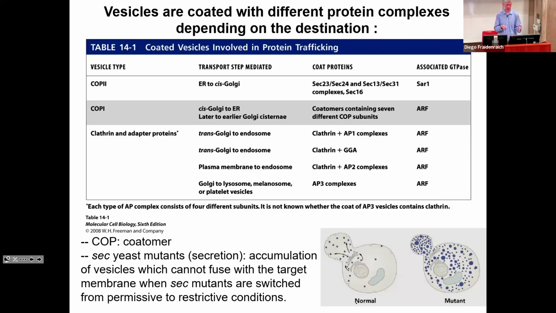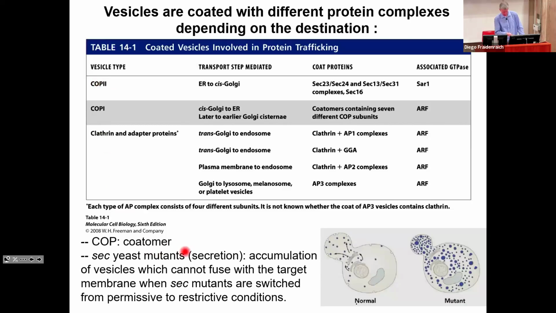Depending on the location, you would see different proteins attached to the vesicle. That helps to move the vesicles from a specific compartment to another specific compartment. It's not just randomly floating.